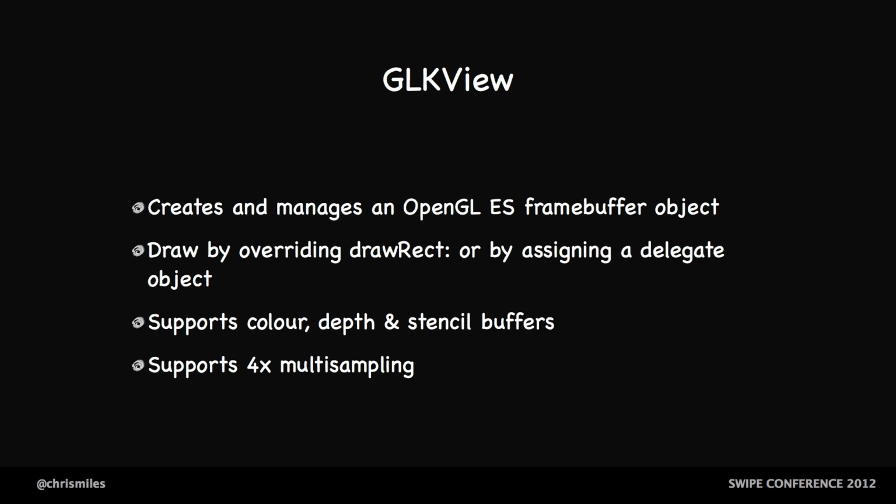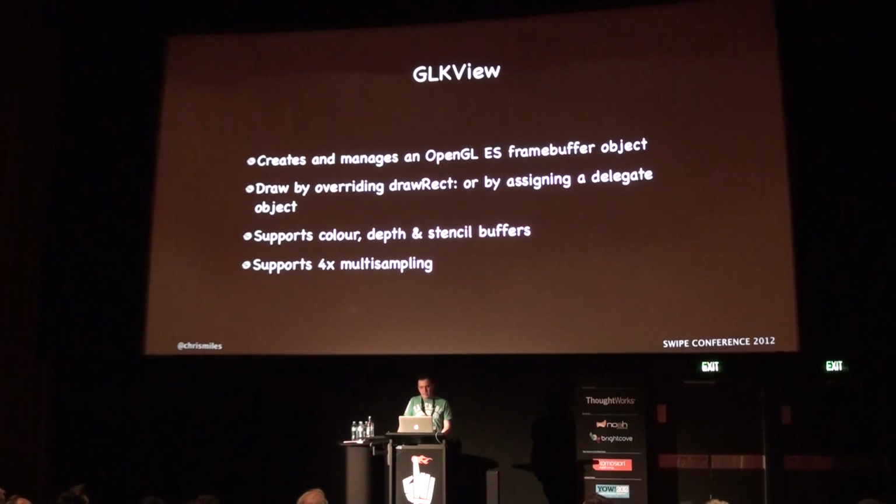A GLKView is a UIView subclass that's responsible for creating and managing the OpenGL ES frame buffer object for you. It takes care of a lot of boilerplate code that we used to have to write, so that's a nice class. And if you're using a GLKView on its own, you can subclass it and do your OpenGL drawing simply by overriding drawRect and just doing your drawing like you might do Core Graphics drawing.